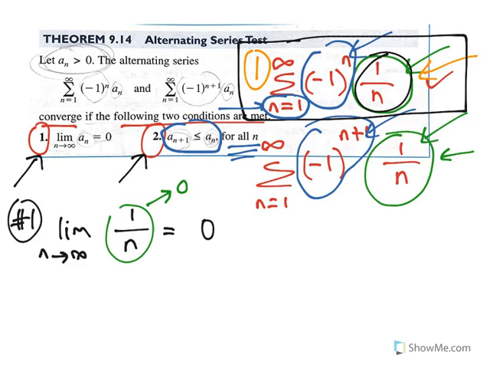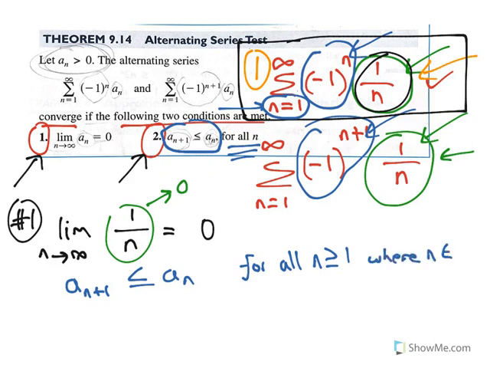So you want to check for that. So you want to check to see if a sub n plus 1 is less than or equal to a sub n for all n, greater than or equal to some fixed integer. In this case, we can show that this is actually true for all n greater than or equal to 1, where n is an integer, where n is an element of the set of integers.